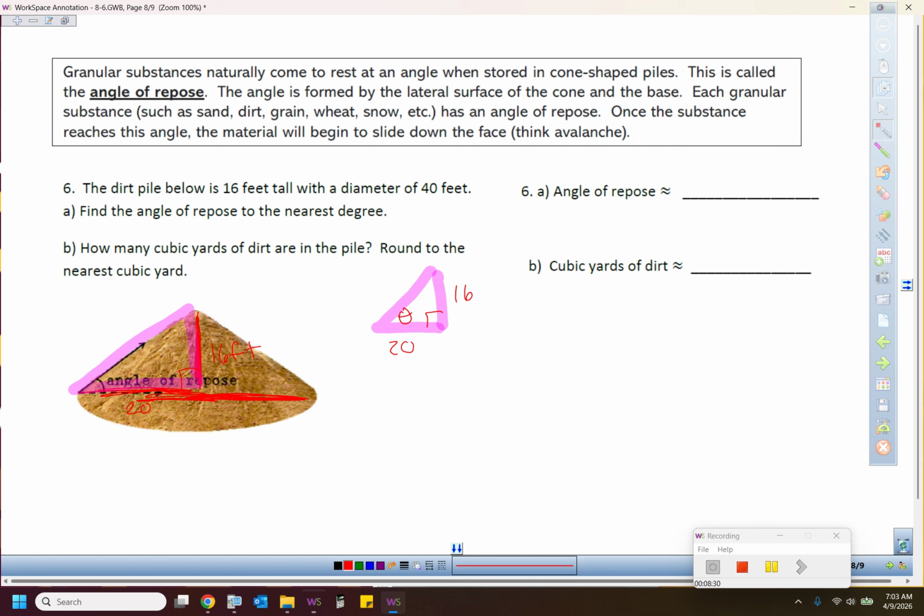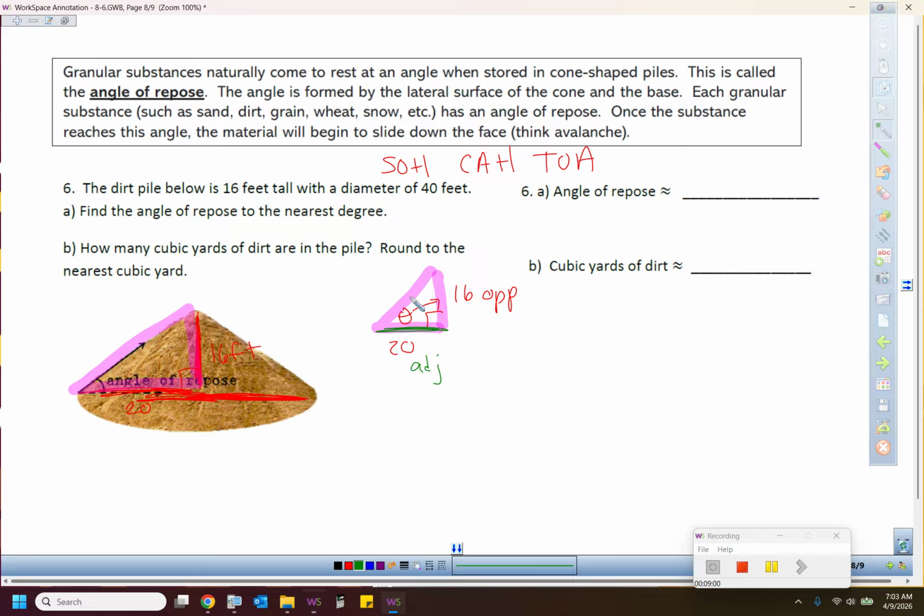And we're taking ourselves way back to SOHCAHTOA. Because we have a right triangle, we can use SOHCAHTOA, and we're looking for an angle measure. So focus on who this side is in relation to theta, if it's opposite, adjacent, or hypotenuse. The 16 is opposite because it's right across the way. And this 20 is totally touching theta, so it is adjacent.